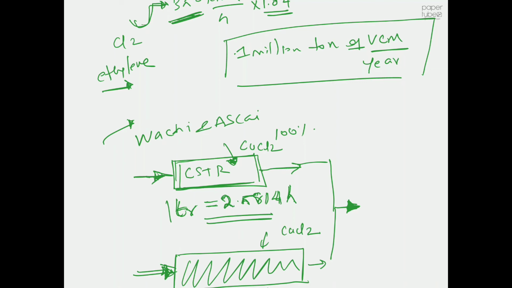A few more things you should note down: we are going to add chlorine slightly in excess of the stoichiometric amount during the direct chlorination. And in the oxychlorination reactor, we are going to add hydrochloric acid slightly in excess of the stoichiometric amount in order to ensure complete conversion.